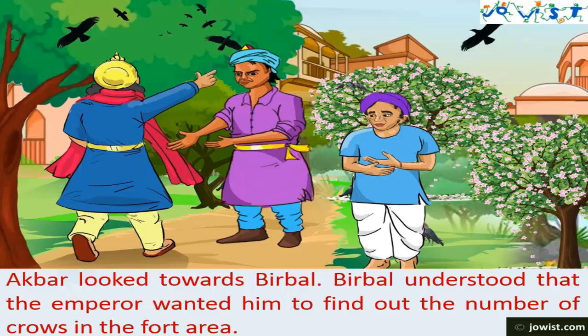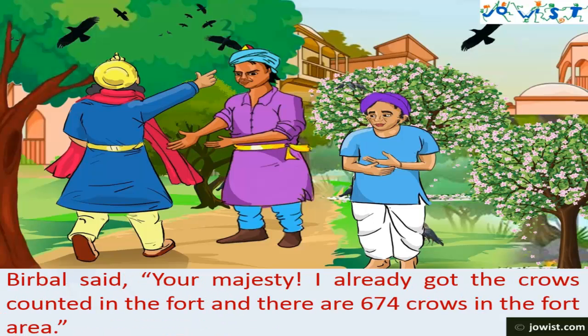Akbar looked towards Birbal. Birbal understood that the emperor wanted him to find out the number of crows in the fort area. Birbal said, "Your Majesty, I already got the crows counted in the fort, and there are 674 crows in the fort area."